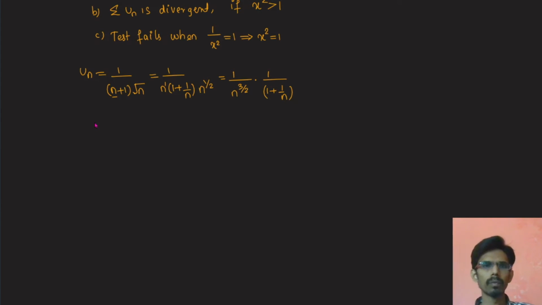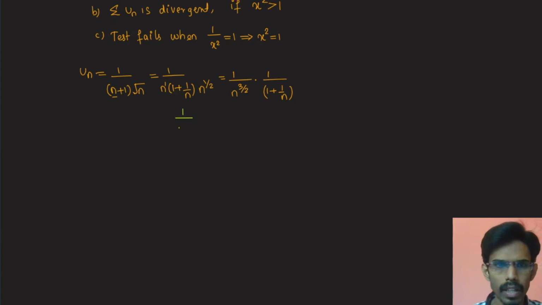Now I am trying to find out whether the given series is convergent or divergent when x square is 1 by the comparison test. So let us take this 1 by n power 3 by 2 as some Vn. Now put this value here, un is equal to Vn into 1 by 1 plus 1 by n.